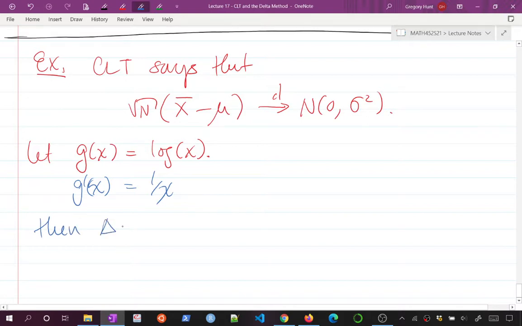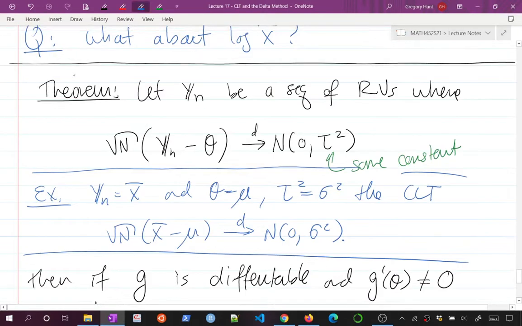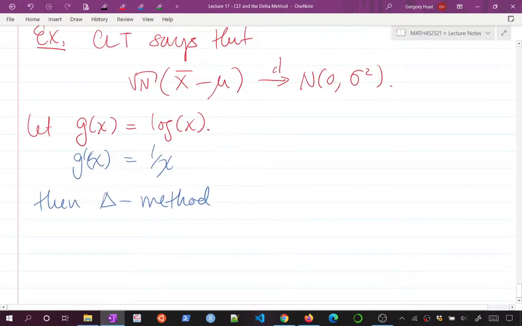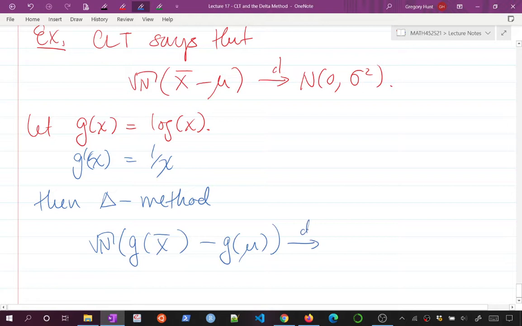Then the delta method, which we could more properly call the first order delta method, says that if I want to say something about g of X bar, then root n times (g of X bar minus g of mu) will converge in distribution to a normal(0, sigma squared times g prime of mu squared).